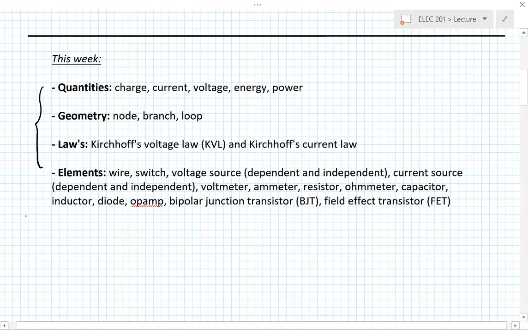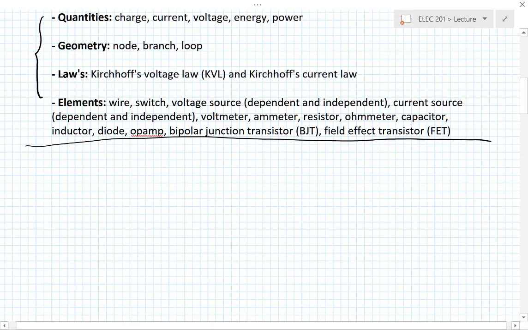Before doing so, though, I'd like to do an example of writing KVL and KCL, just so that we remember what we talked about last time, and also see an example. I'll just remind you that KVL and KCL consisted of this.